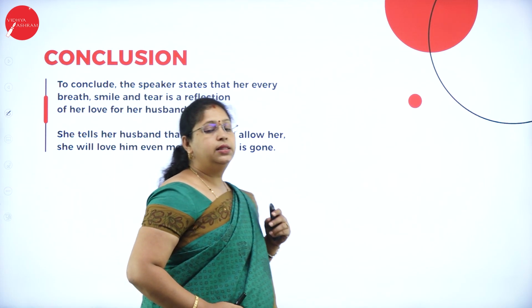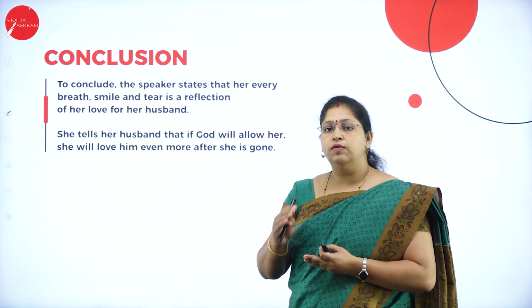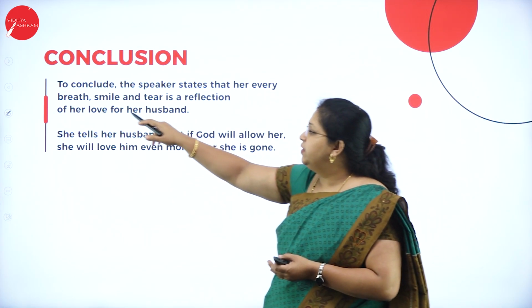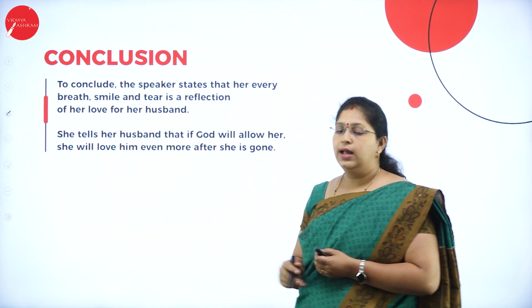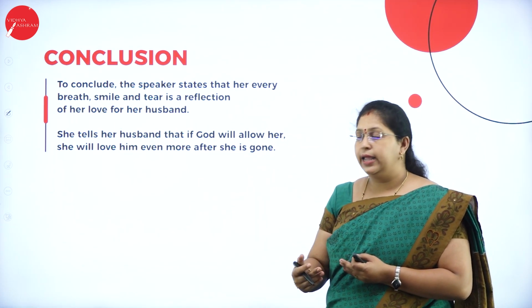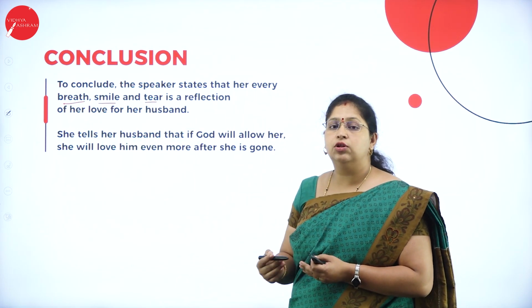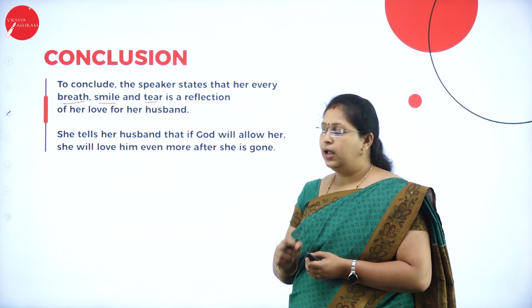Next, we'll see the conclusion. So, what is the conclusion of the poem? To conclude, the speaker states that her every breath, smile and tear is a reflection of her love for her husband. So, in everything she has love for her husband.